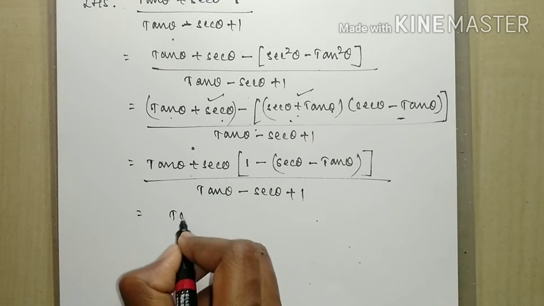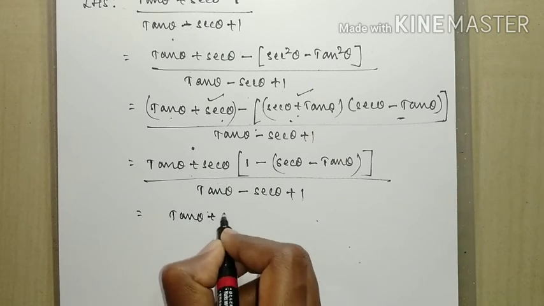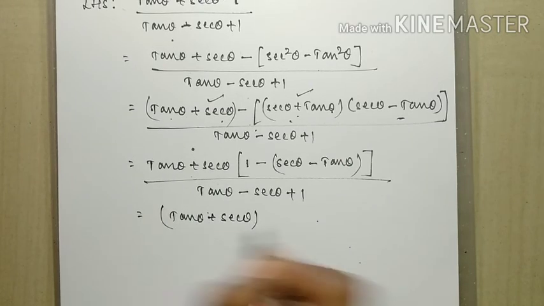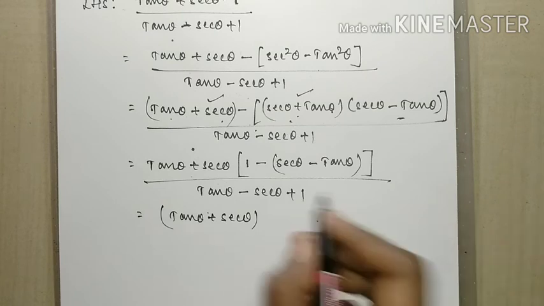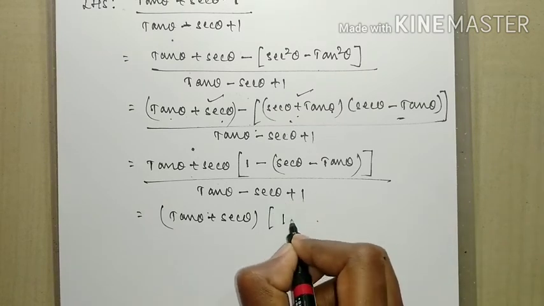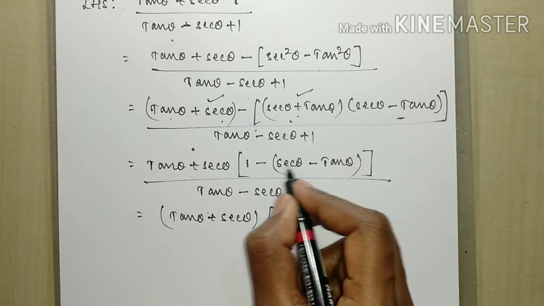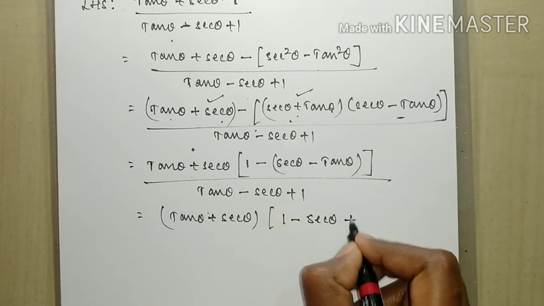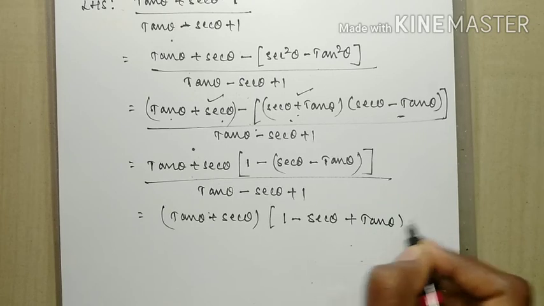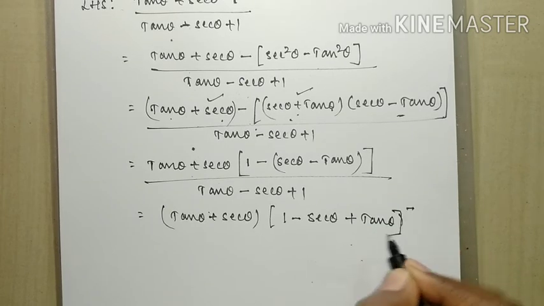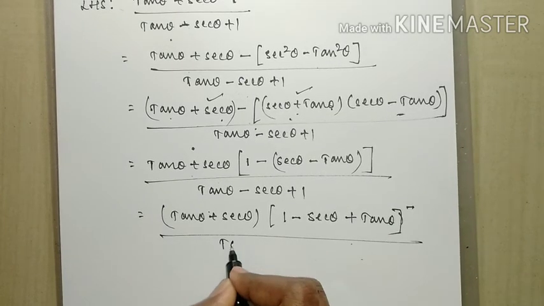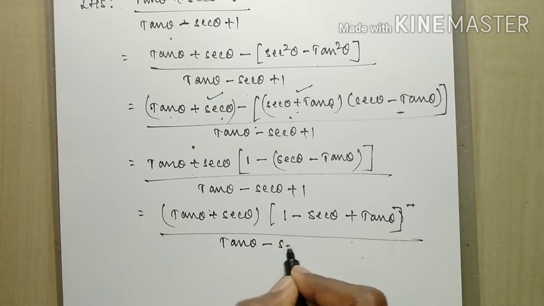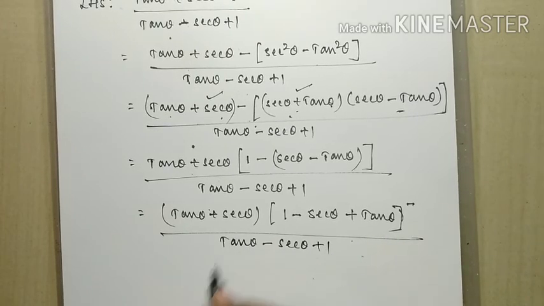So now tan theta plus secant theta into 1 minus, this multiplied with minus, secant theta minus into minus plus tan theta, divided by tan theta minus secant theta plus 1.